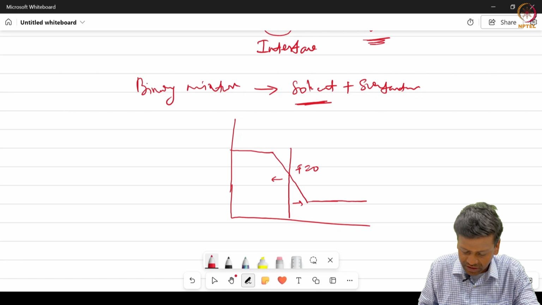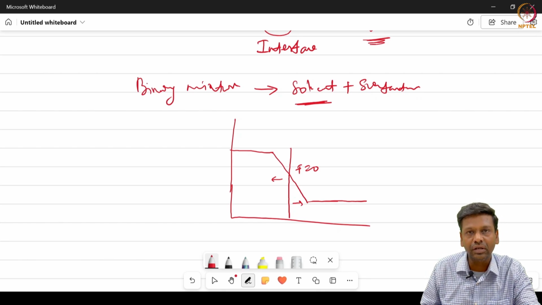Now, when you say surface excess is 0 at this point, there is only one component left, that is the surface excess of the solute molecule, that is the surfactant in this case. So it is easier for us when you have the equation for surface excess, especially for binary.